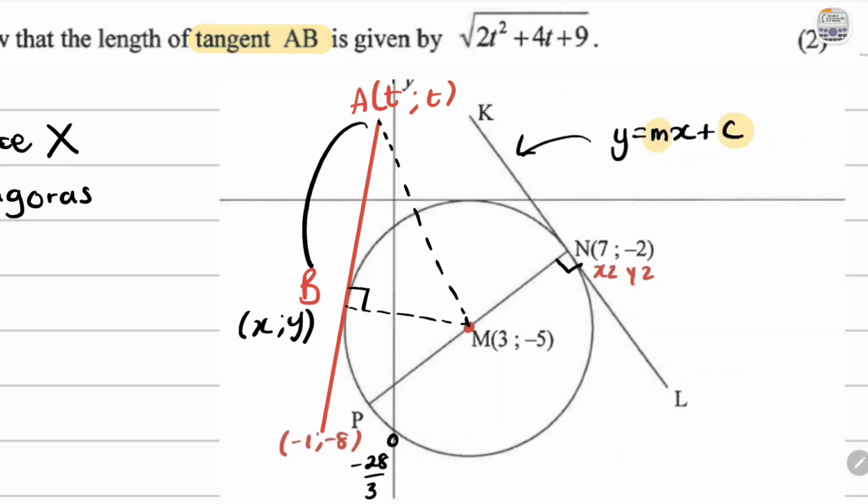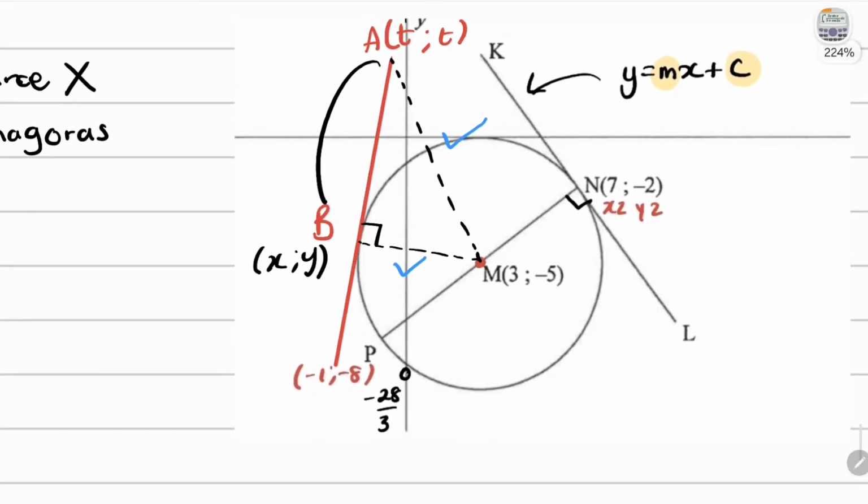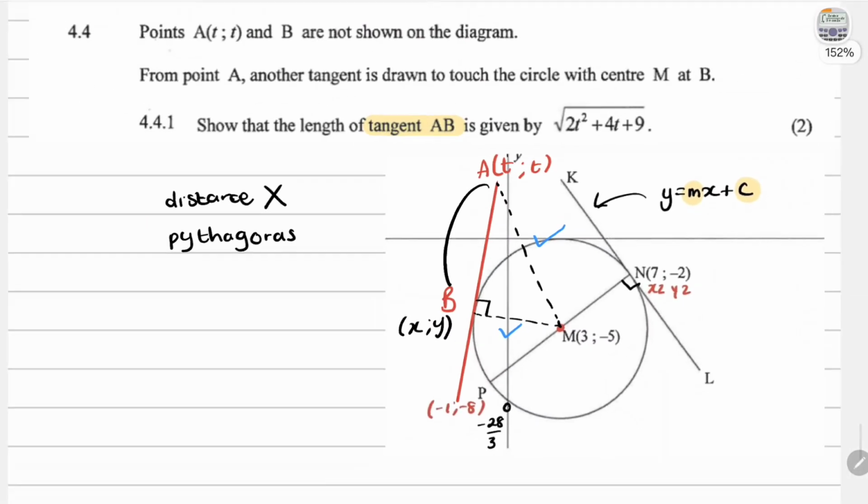Now, how can we use this right angle triangle to find the length of AB? To do that, you would need this side and this side. So now we can focus on that. What are the lengths of these sides? With MB, it's pretty simple, because M to B is a radius, so it's just the length of the radius, which we already know is 5 units.